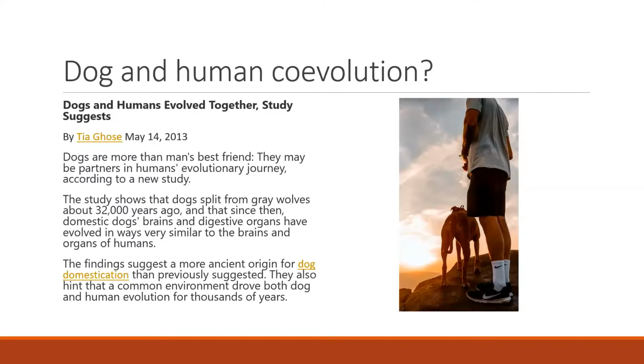And I always find this really interesting, that dogs are such an important part of everyday human life, and in fact, they probably played a part in our own evolution.